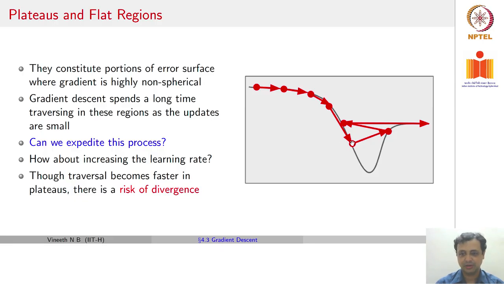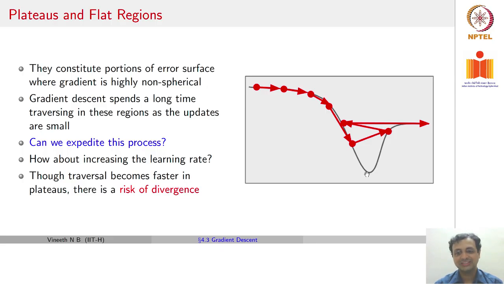Let's try to understand this carefully. So if you are at a particular point here where the mouse cursor is currently showing you, let's say the gradient is along a particular direction, and if you choose to take a long step, your alpha was high, on your x, which is where you're making the parameter updates, you may jump by a large amount and go somewhere here. And when you go there, the corresponding error there is this particular value.